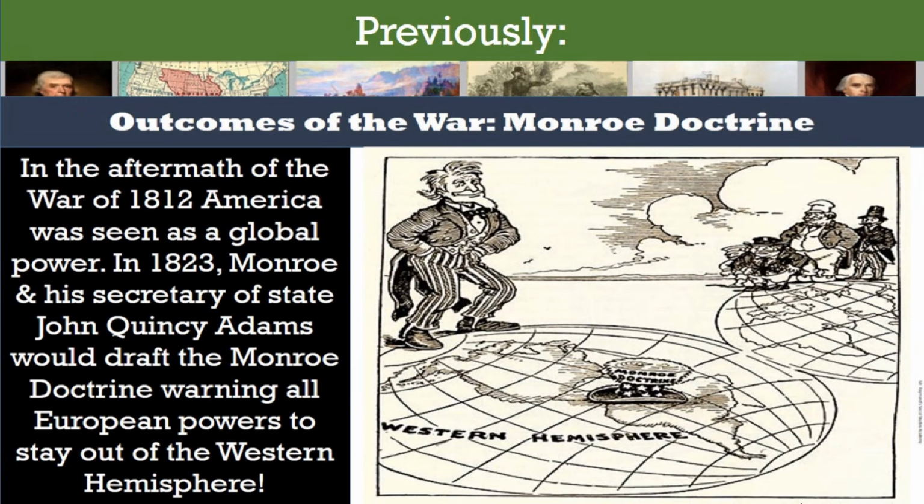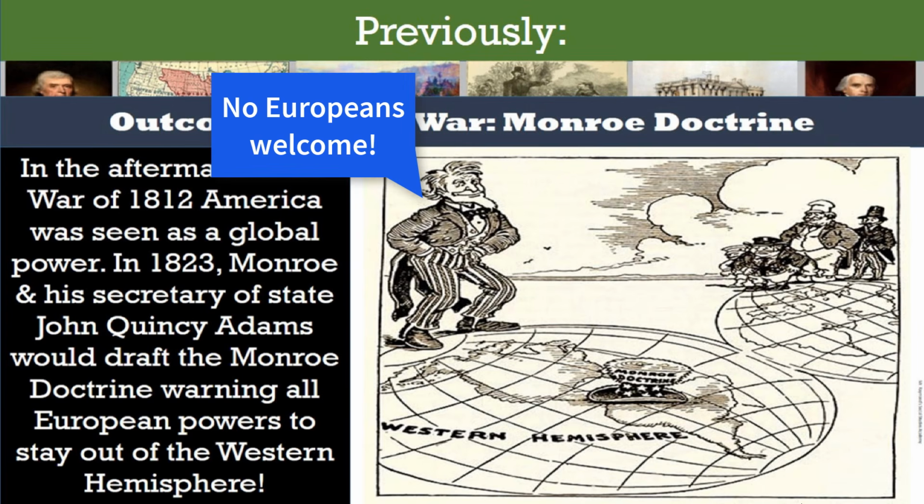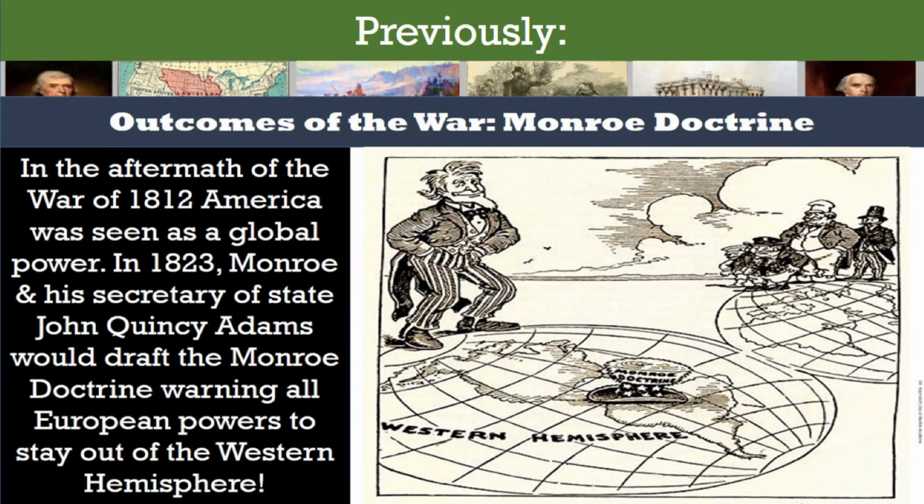We also learned how America emerged as a global superpower, and we're going to look at that again in some upcoming lessons, issuing a warning to European powers to stay out of the Americas with the Monroe Doctrine. So check out those videos if you haven't already.